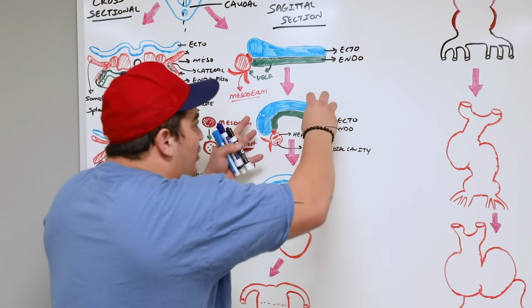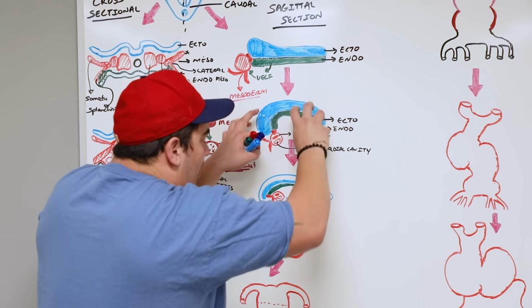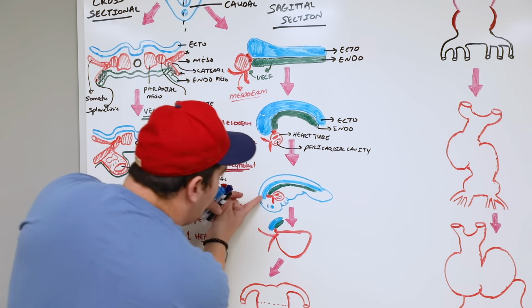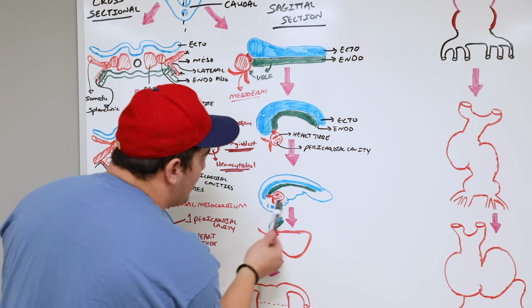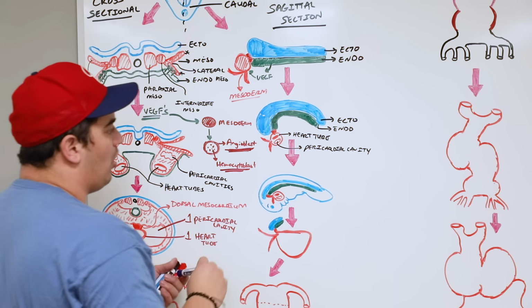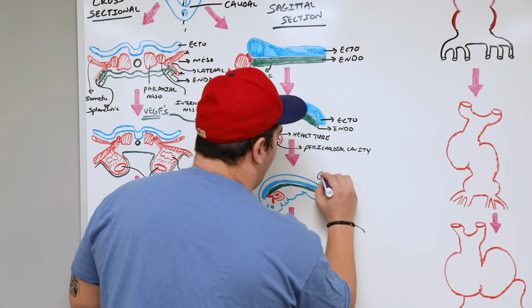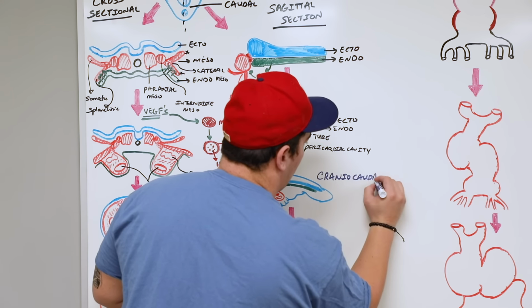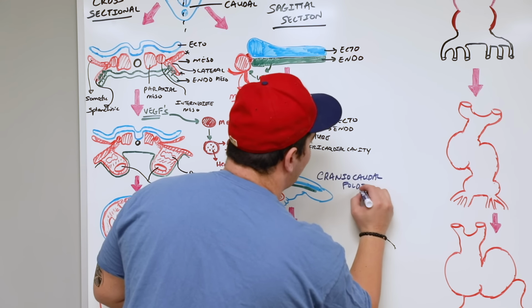As it continues to keep folding, so now we have our embryo folding here. Look where it goes. It completely turns in here and goes into your chest cavity. So during this process of what's called cranial-caudal folding, what is actually happening?